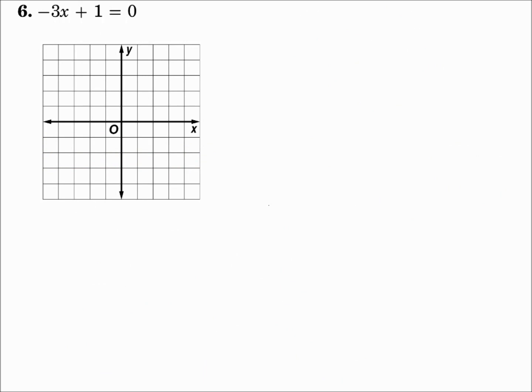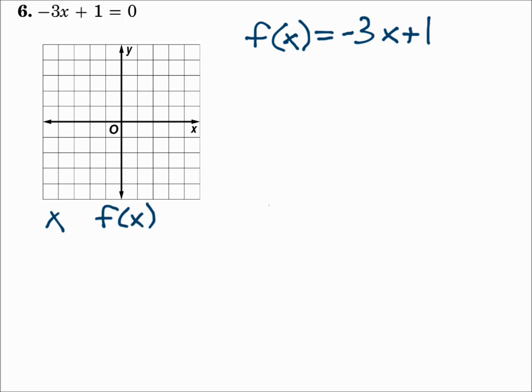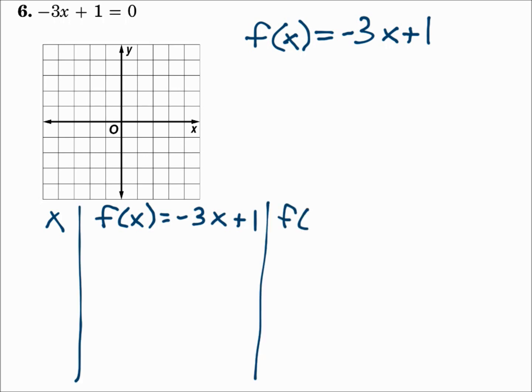Number 6. Negative 3x plus 1 equals 0. Well, it's already solved for 0, so let's replace the 0 with f of x. f of x equals negative 3x plus 1. Now make your table. Your x column, your f of x equals negative 3x plus 1 column, your f of x column, and your x comma f of x column.